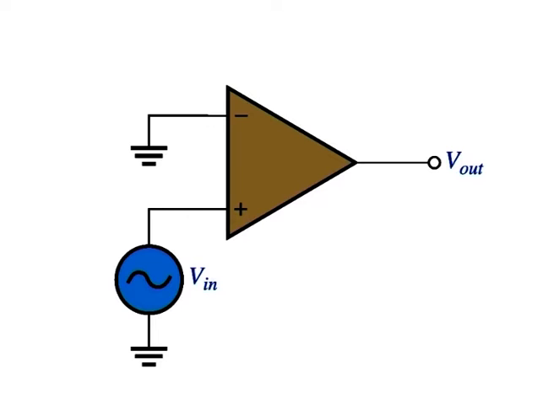Notice that the inverting input is grounded to produce a zero level and that the input signal voltage is applied to the non-inverting input. Because of the high open loop voltage gain, a very small difference voltage between the two inputs drives the amplifier into saturation, causing the output voltage to go to its limit.